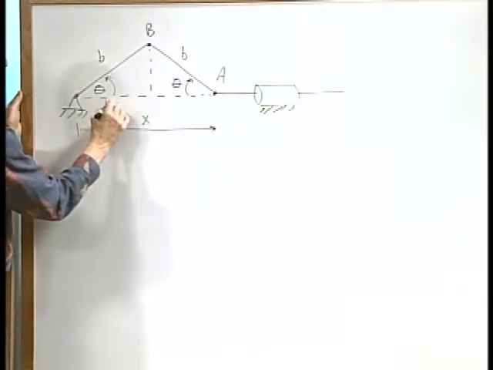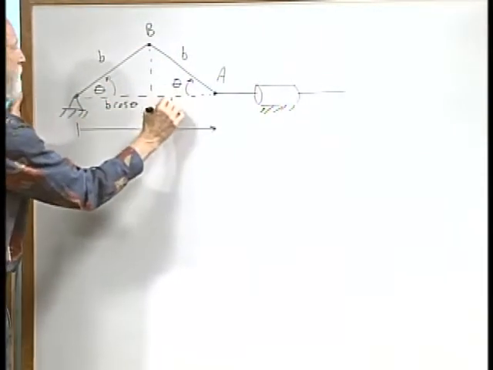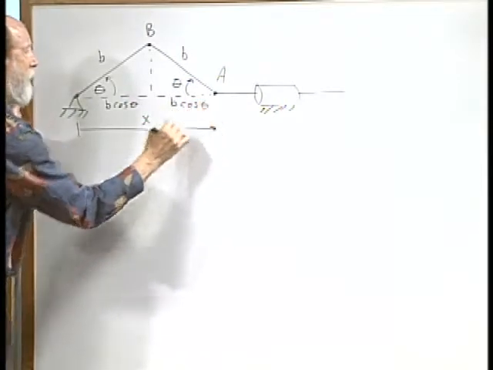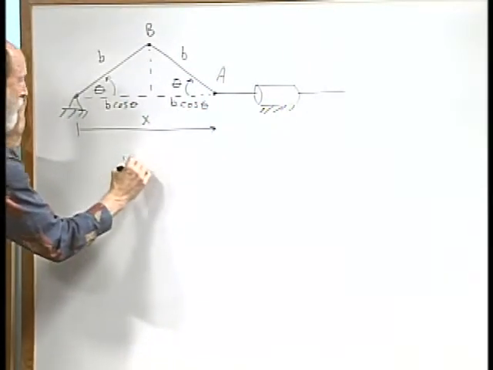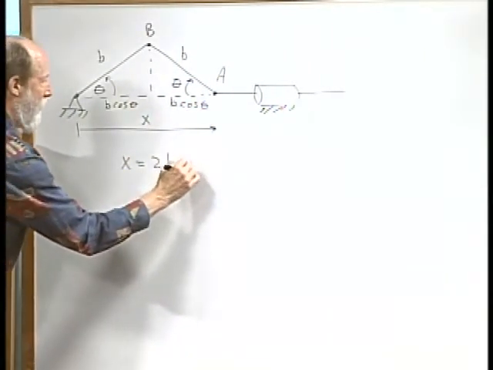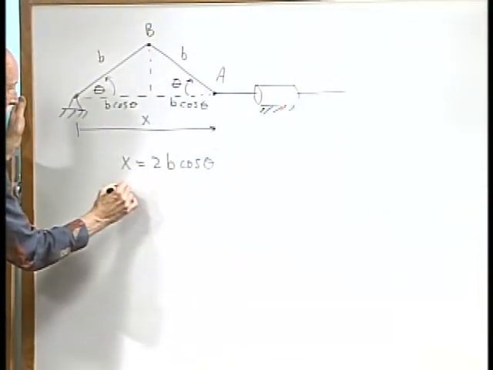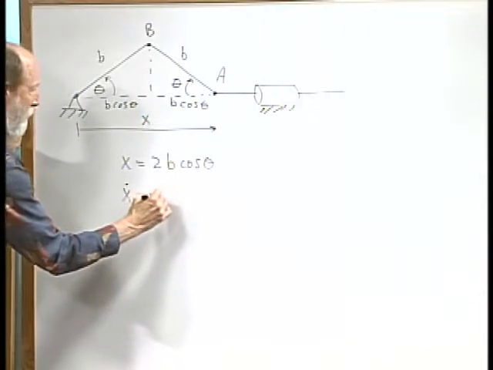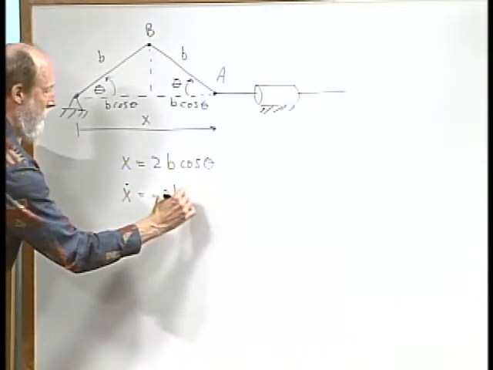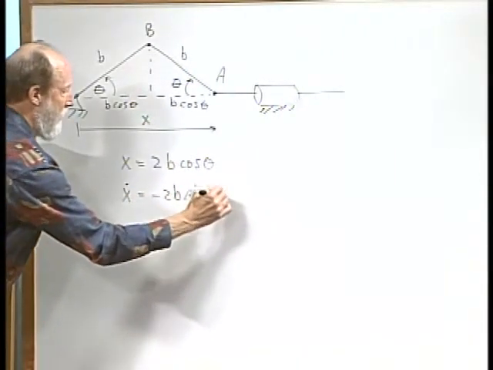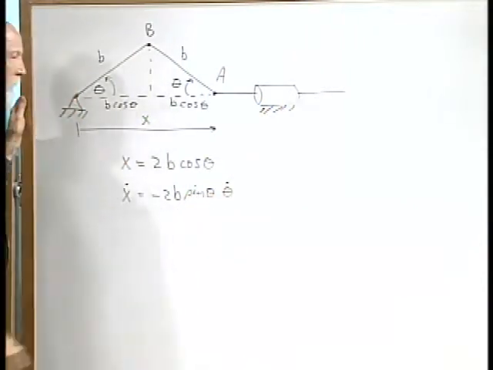Here's your b cosine theta. We differentiated that with respect to time, and we got x dot equal to minus 2b sine theta theta dot.